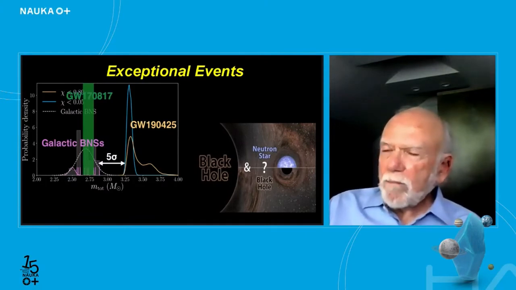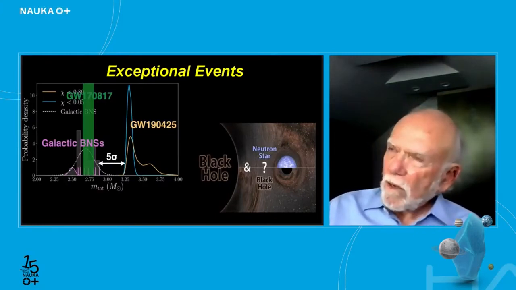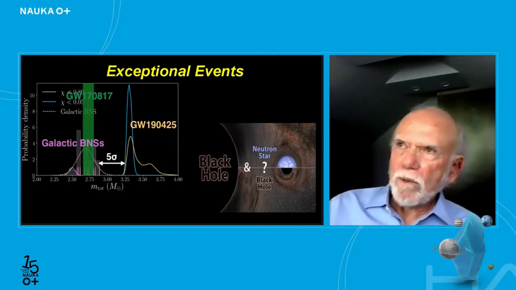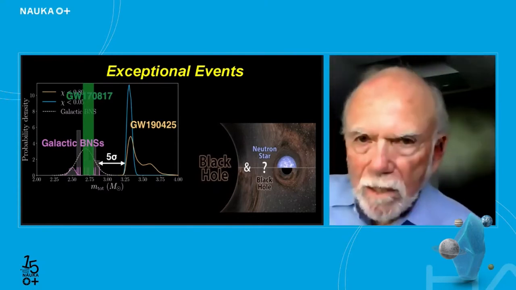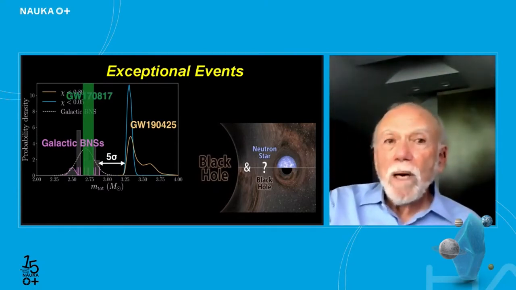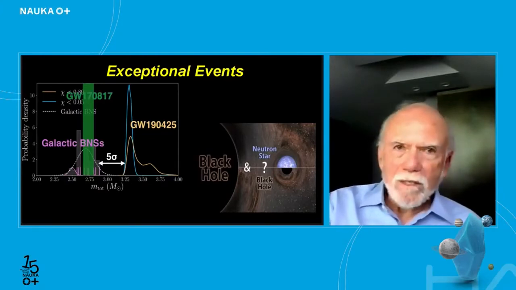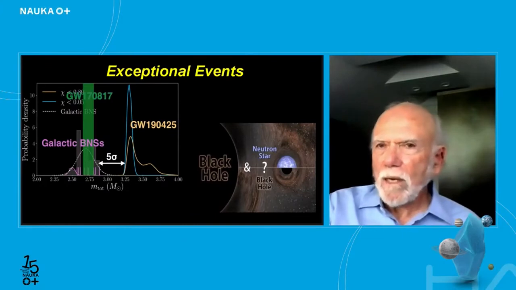Black holes can't be much lighter than about 3 times the mass of our sun, because if they're lighter than that, they can't have enough gravity to basically make themselves a black hole. But we see events that are in between. So what are they? That's for us to find out and study now.